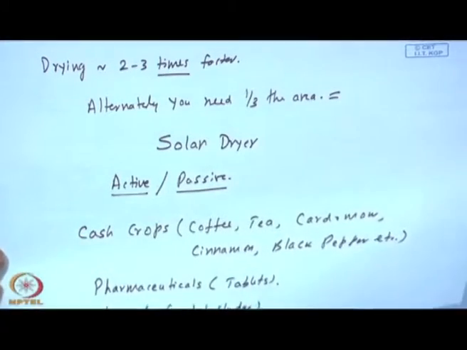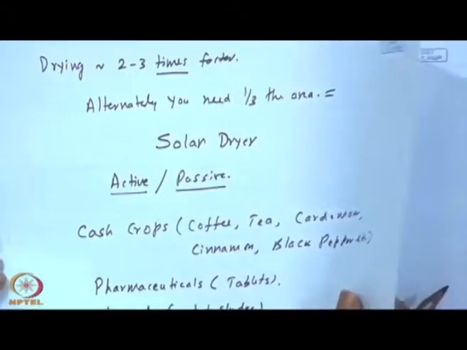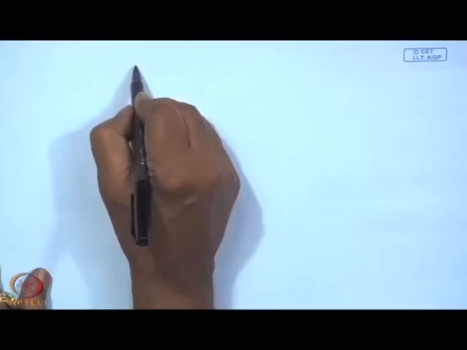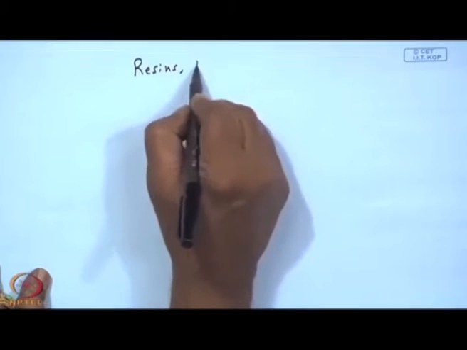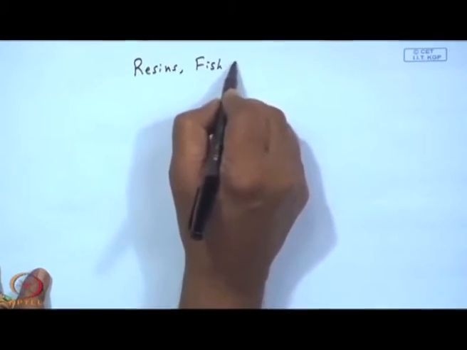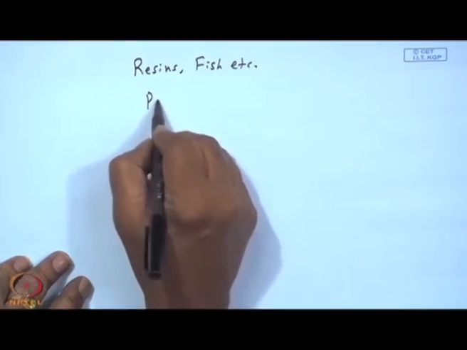After the process, you may have a colloidal semi-solid, semi-liquid type of waste material that is being discharged from many chemical industries and pharmaceutical industries. Then in addition, you may have resins and fish, etc., and maybe even potato chips.